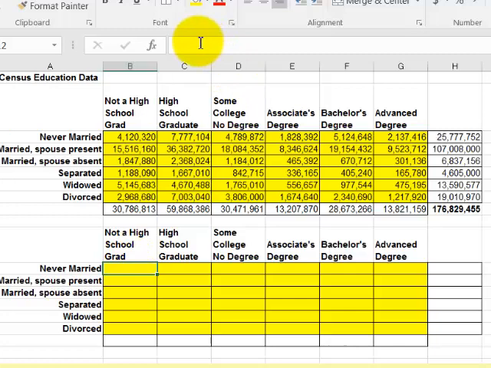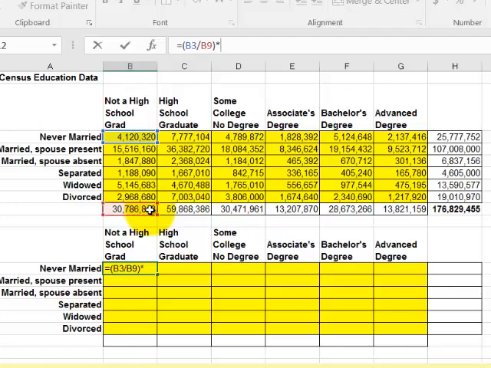This cell is going to be an equal sign, then this, we need a parenthesis. So it's going to be this divided by that, the total, close parenthesis, and then multiplied.